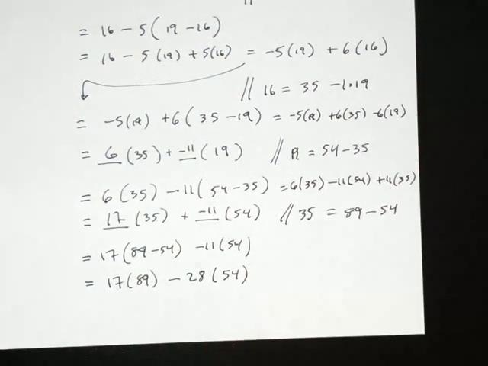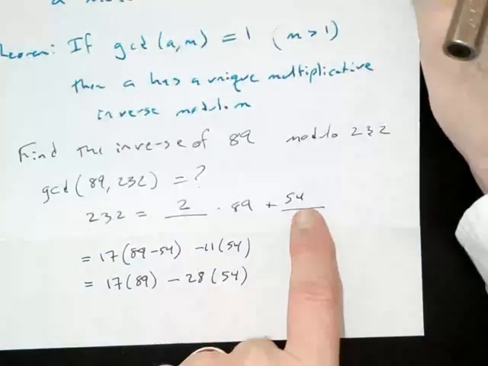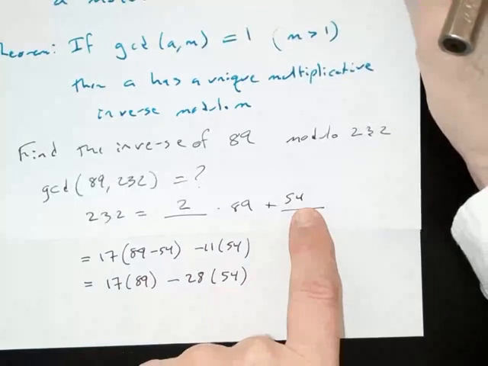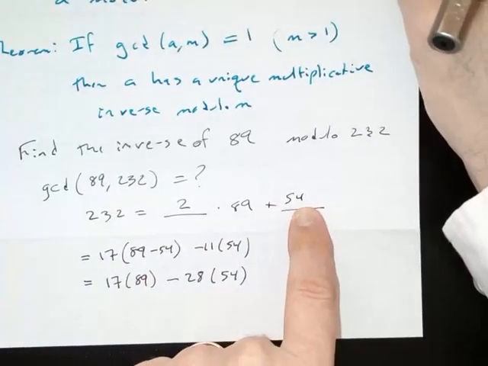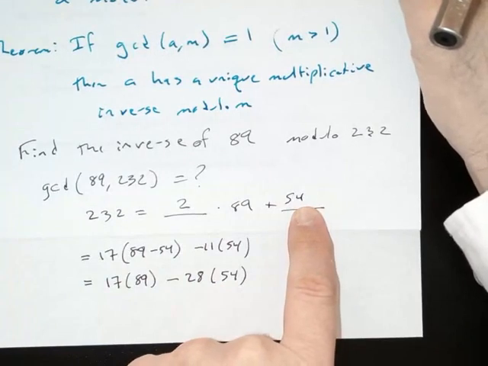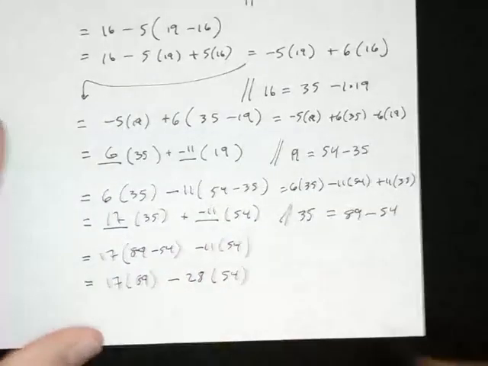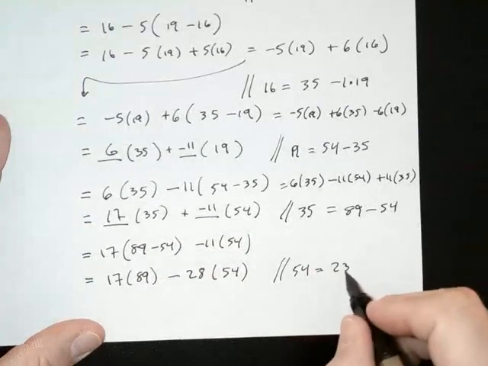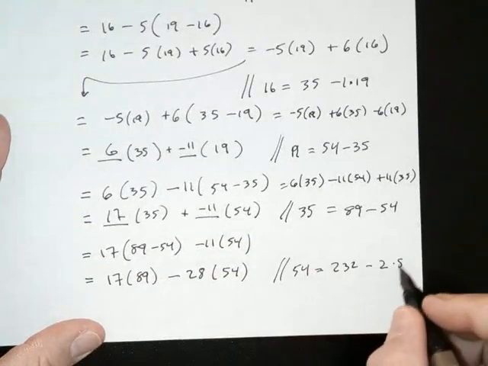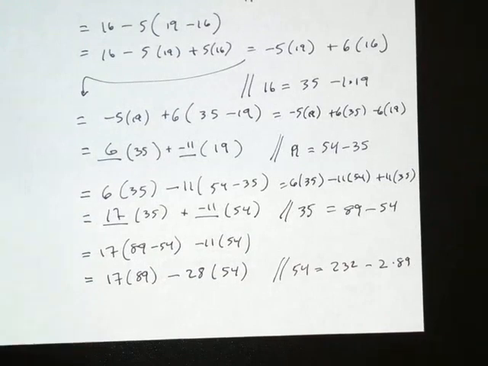The numbers I want are 232 and 89. 54 is the remainder in the very first division we did, which means this next step is the last step. 54 is 232 minus 2 times 89.